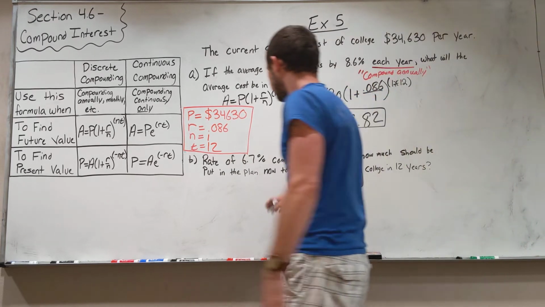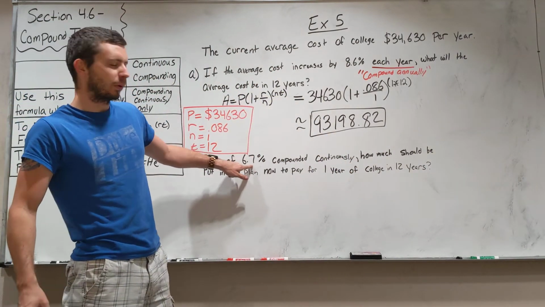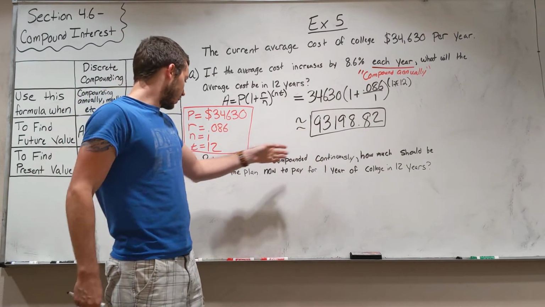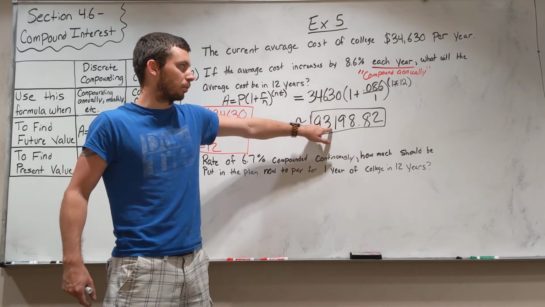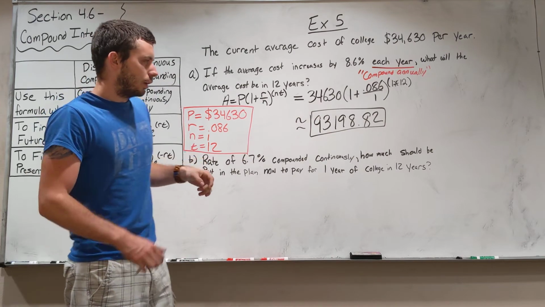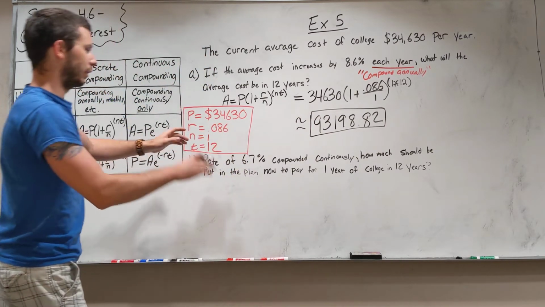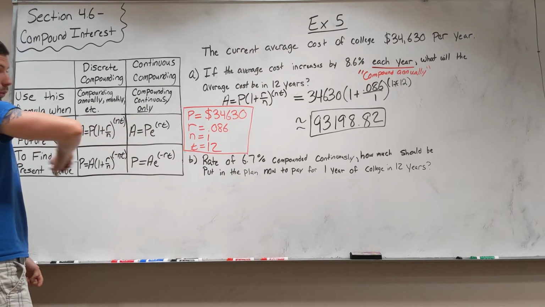Now part B says if this rate of 6.7% compounded continuously is offered, how much should be put into the plan now to prepare for this price of 1 year for college? So again, we have to figure out, extracting all this information, which formula does this most closely associate with?